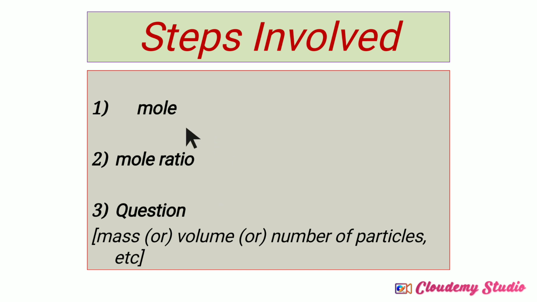The first step is to calculate the moles, the second is to find the mole ratio, and the third is the given question, the final question, which might be the calculation of mass or volume or the number of particles, etc. So using these three steps we can easily solve the question. Let's work it out.